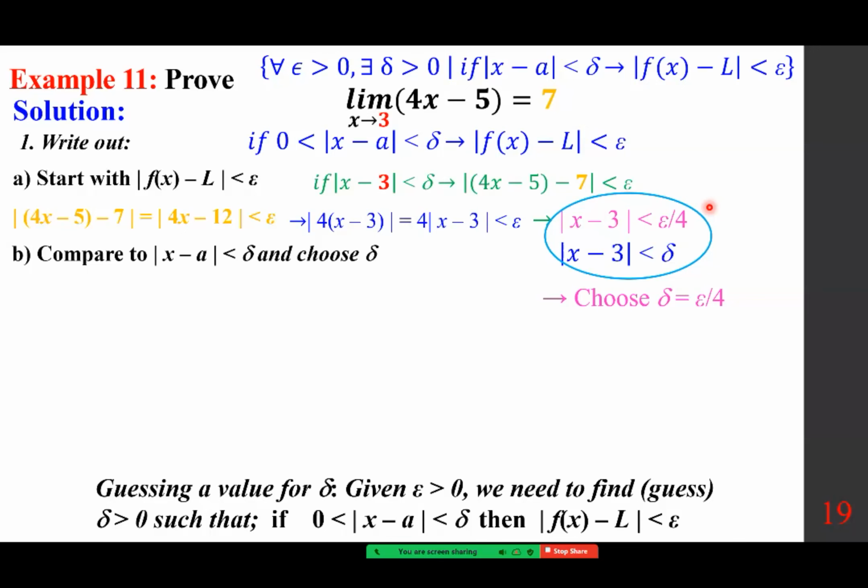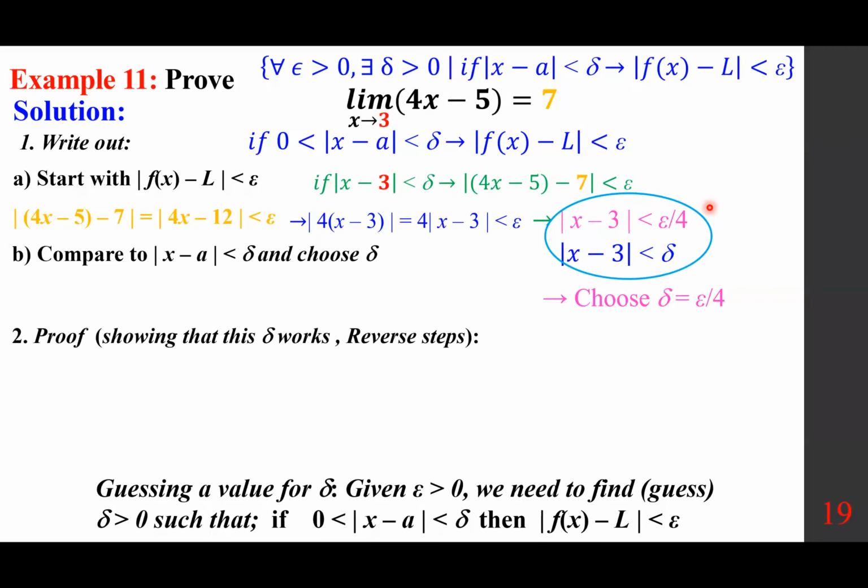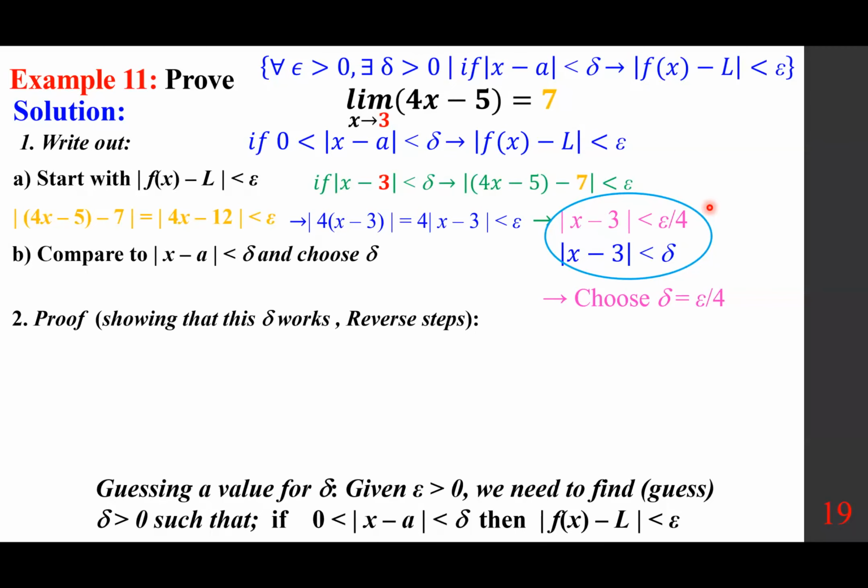But the proof is that we show this works. So how do you show this works? Reverse process, meaning now you start from delta and you end up with the f of x minus L. So the delta starts from here.